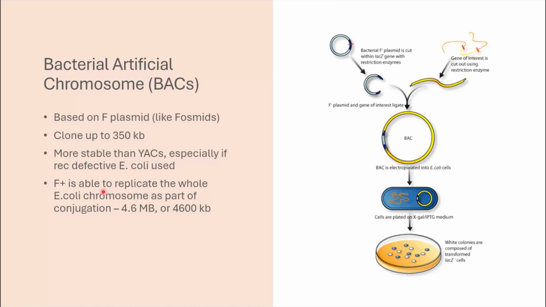So the F plus plasmid is able to replicate the whole genome from bacteria. If you remember conjugation and horizontal gene transfer, where the F plus strain will transfer its DNA to the F minus strain, in this case you can technically transfer the whole genome of the E. coli, which is about 4.6 megabases, so 4.6 million bases.